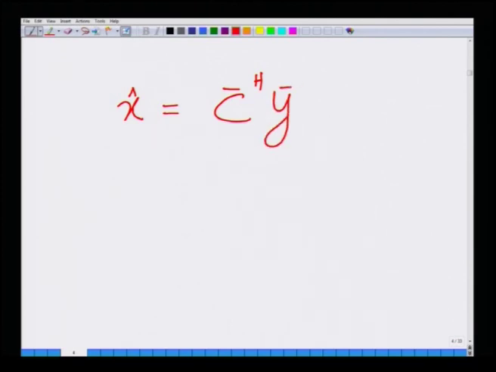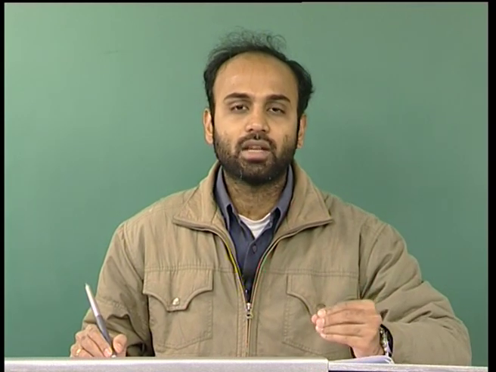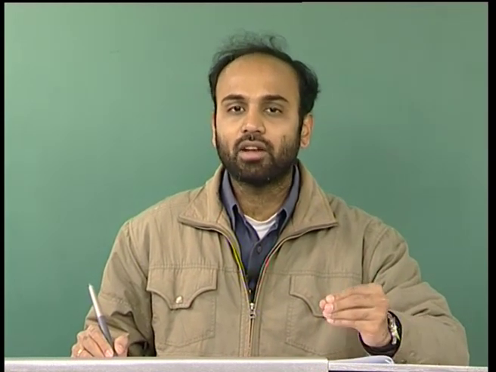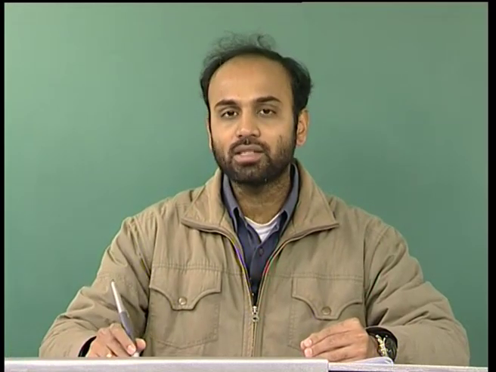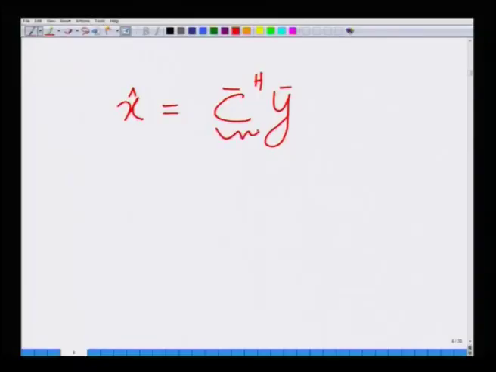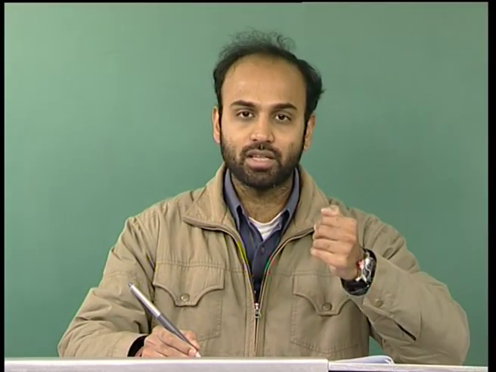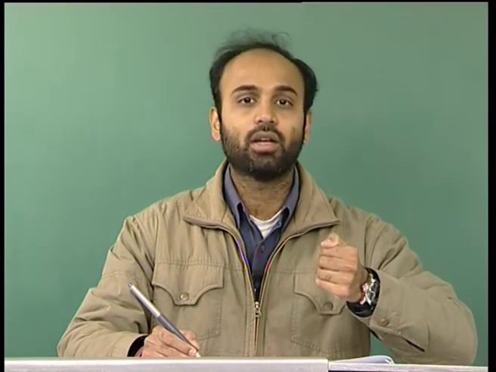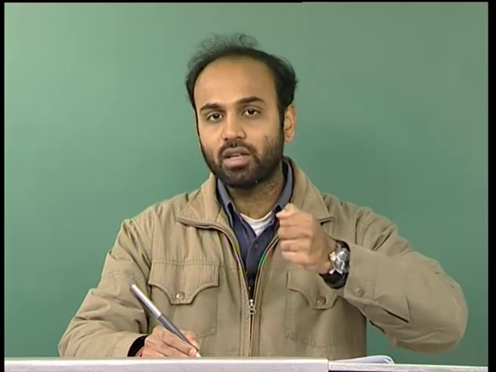Second is a slightly subtle extension. What I have done is I have done this example for a case where y bar is a vector and x is a scalar. However, this expression holds perfectly well where y bar and x bar are both vectors, in which case C is a matrix. All right, that is our case, because remember in a MIMO system y bar, the received symbol vector, is a vector, and x bar, the transmit symbol vector, is a vector.